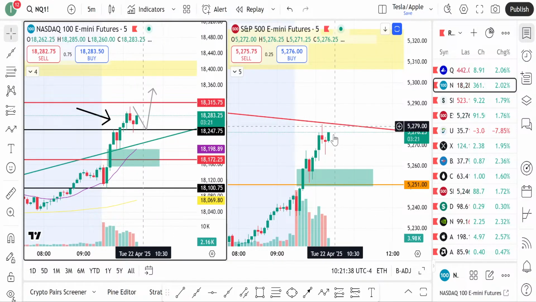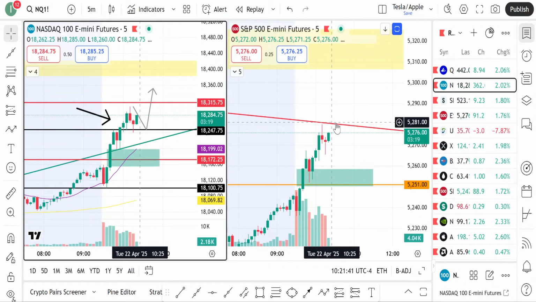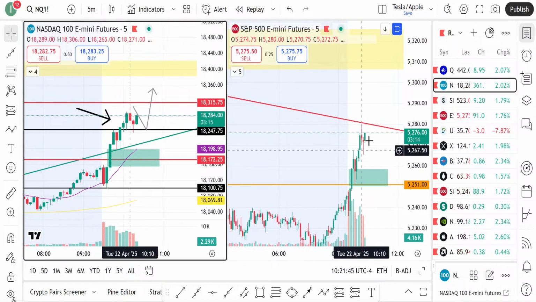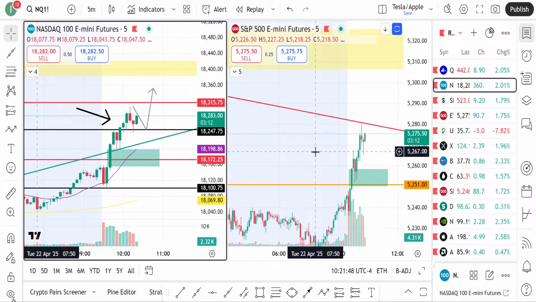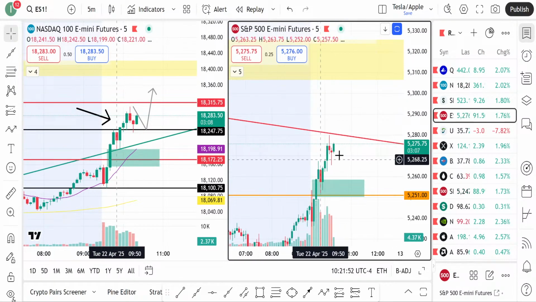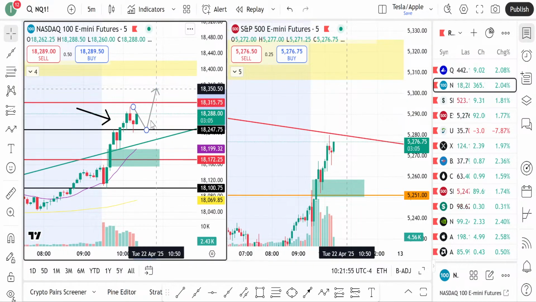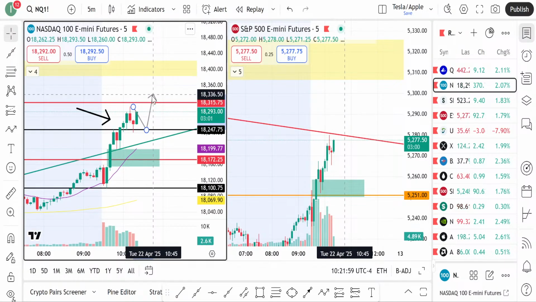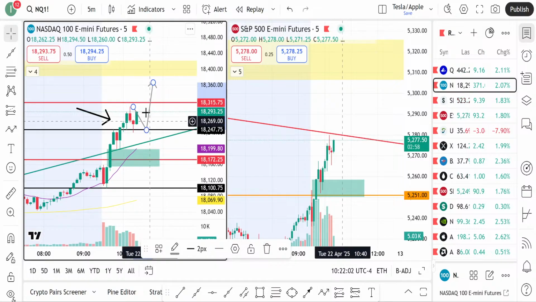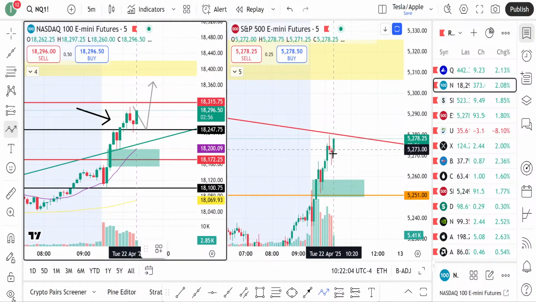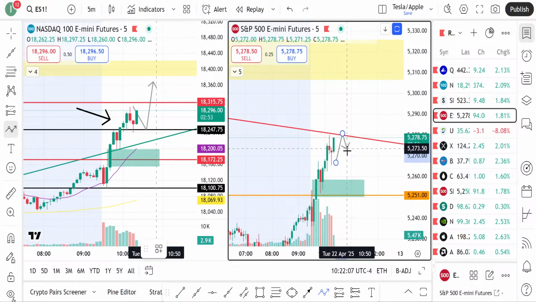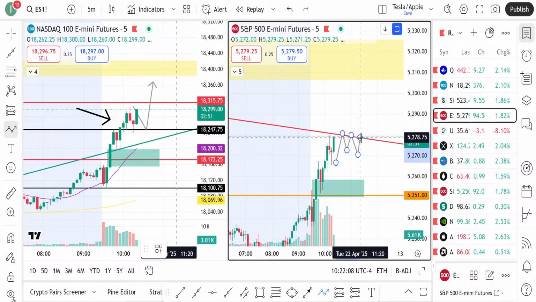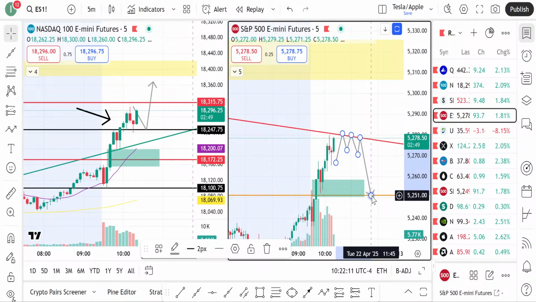But I like to see that the S&P can trade above this trend line here. What usually happens is that the Nasdaq can sometimes rip, right? It could look very strong, and then you'll look at the S&P and it'll just be down here, chopping around, can't get higher, and then it'll drop.